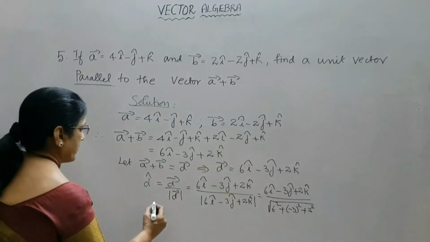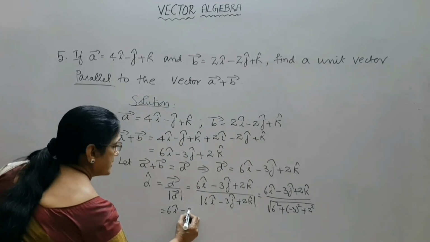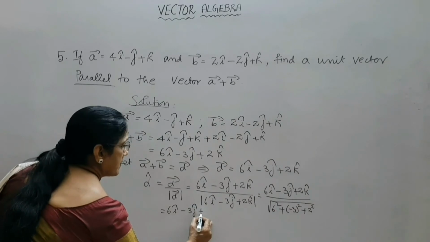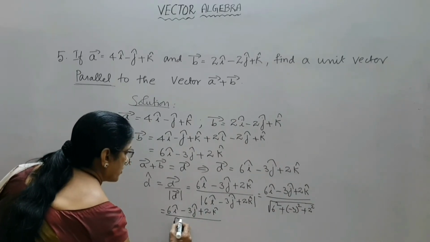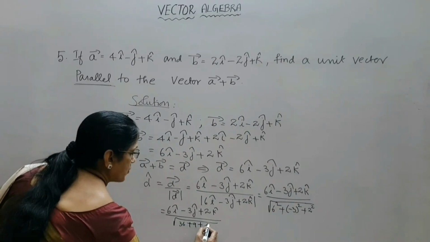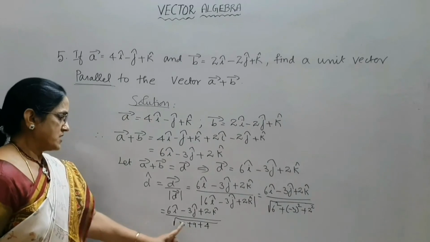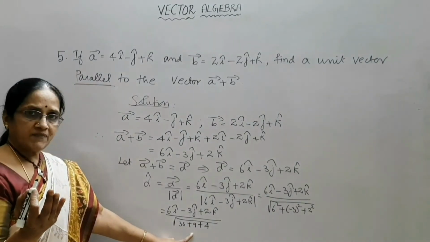That is 6i cap minus 3j cap plus 2k cap by square root of 36 plus 9 plus 4, which is nothing but square root of 49. That is going to be 7.